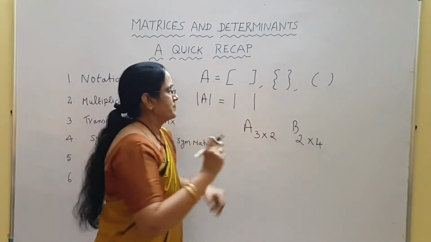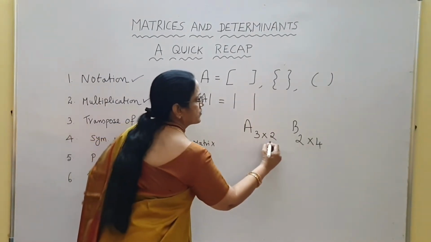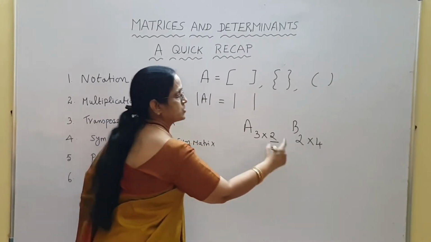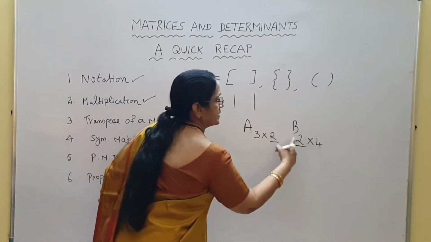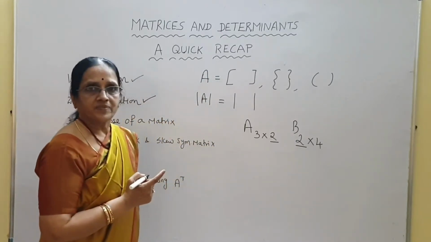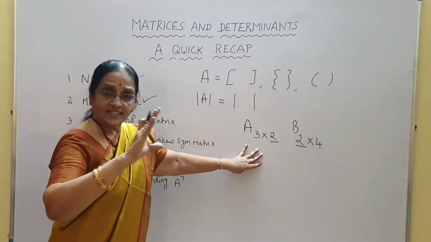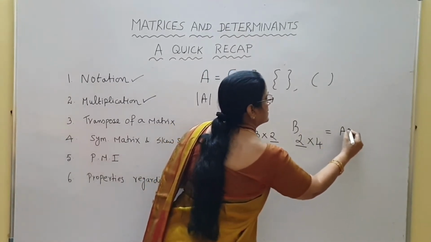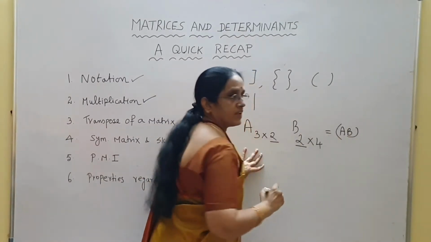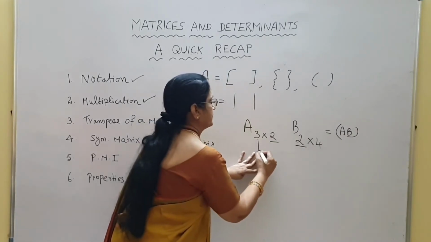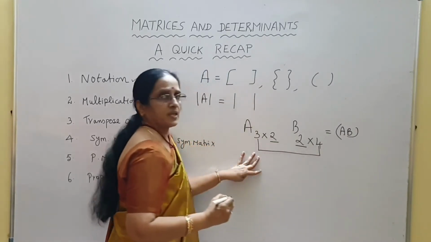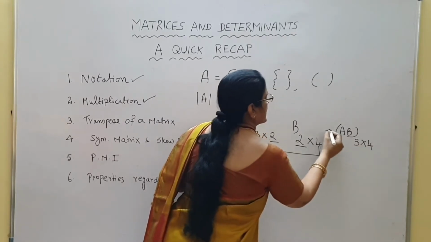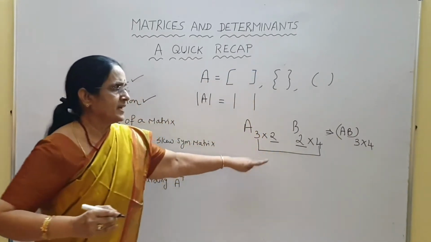The reason is, the number of columns of the first matrix is equal to the number of rows of the second matrix. Therefore, the product exists and the product matrix AB will be of order 3 by 4.